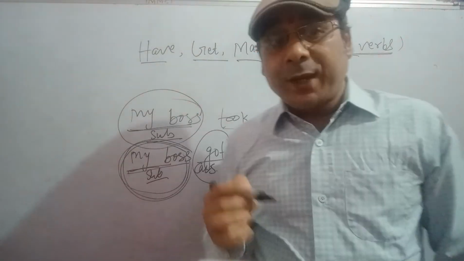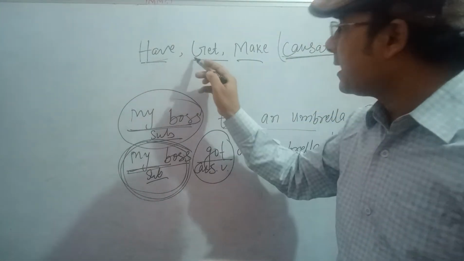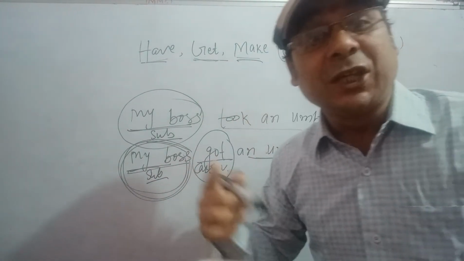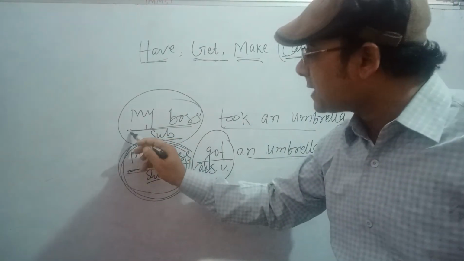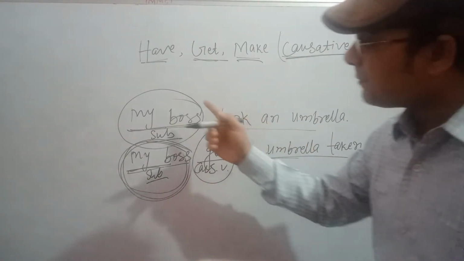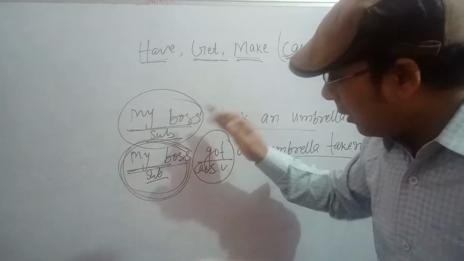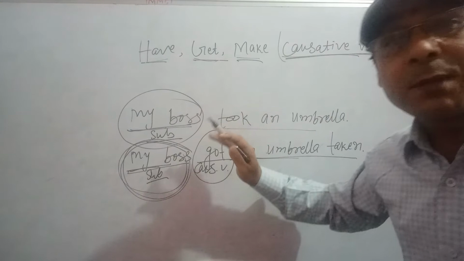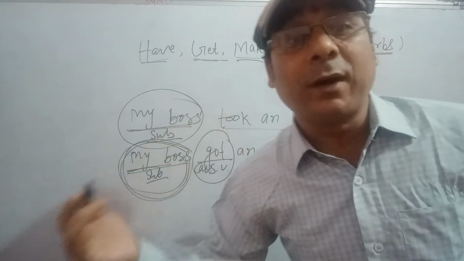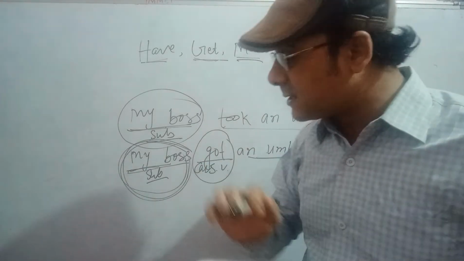So here we can understand the causative verbs have, get, make. A causative verb is used while the subject doesn't work in the sentence. To do the work of that particular sentence, there must be someone else. The work happened by someone else, not by the subject itself.